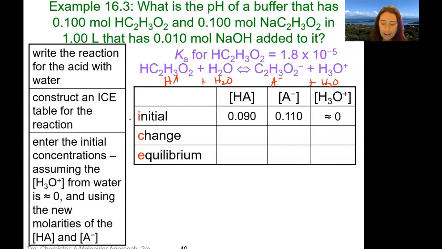And now we start our ice table. The new piece was that moles table that you just saw. But now this is exactly the same as what you've done 100 times. Well, maybe not 100 times, but you've done this at least 50 times now, right? This is going to go down. This is going to go up by X. This is going to go up by X.